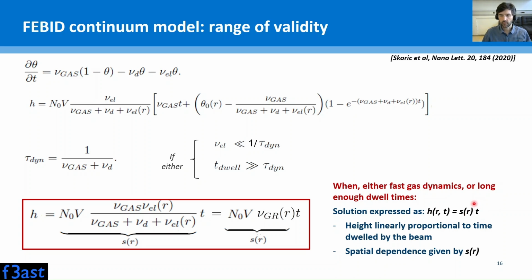And the other is directly proportional to the time. You can see that this is the final solution that is dependent on all these frequencies. But we are basically going to centralize all of them into a function that we call S of R that depends on the coordinates of the space in a radial way, and the time. So the height will be directly proportional to the time that the beam is being dwelled.